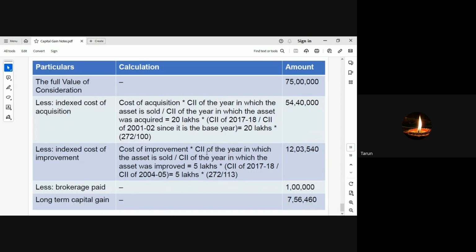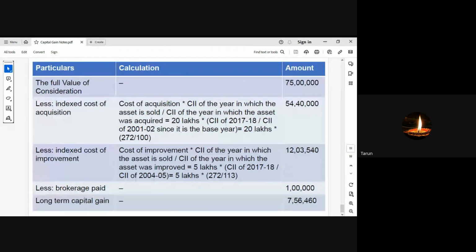So 5 lakh into 272 by 113. Why 272? Because the sale year is 2018 and the same CII value will be considered. The value we calculate is 12,003,540 rupees.